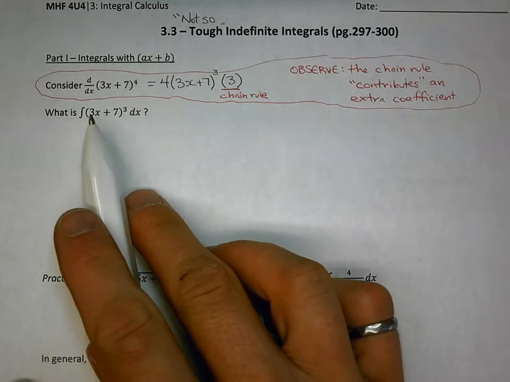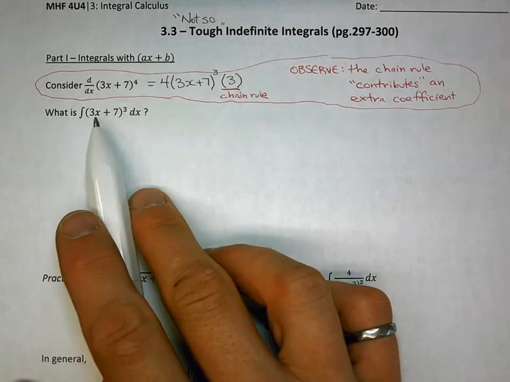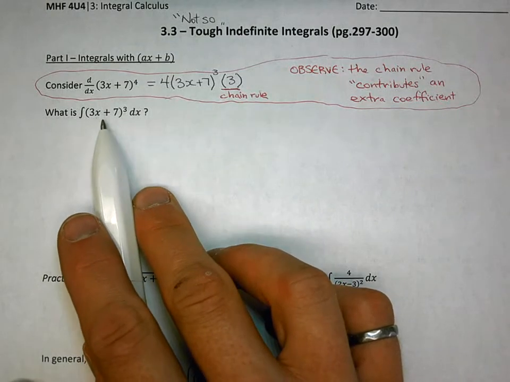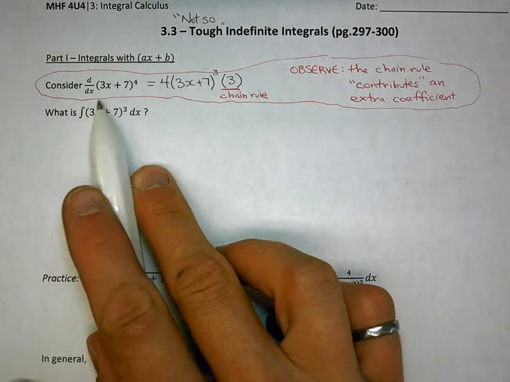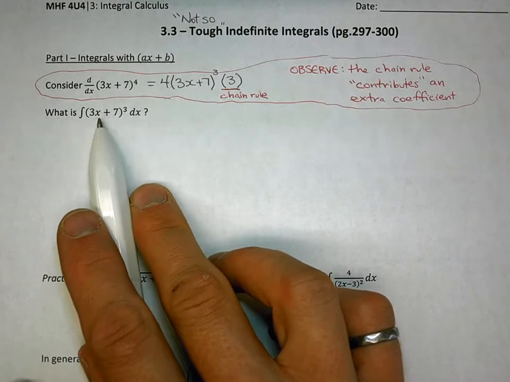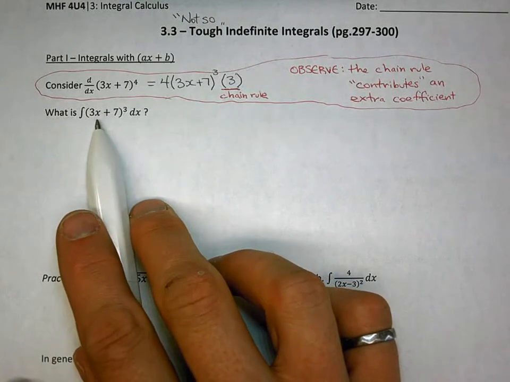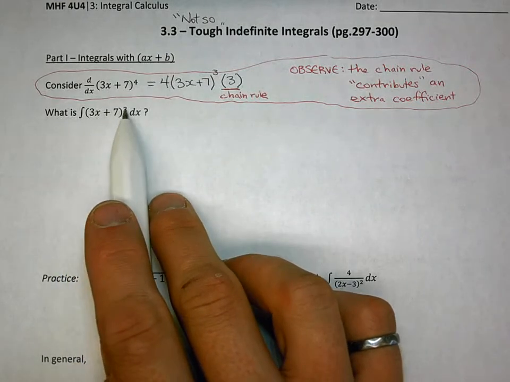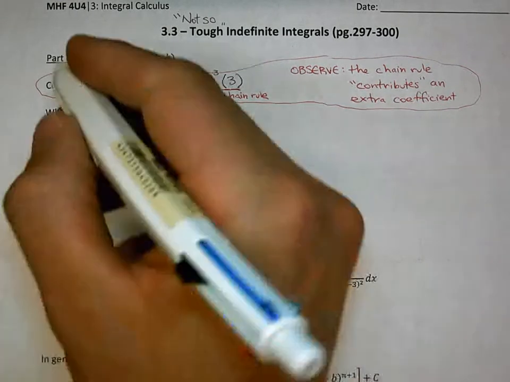So for example, what is the integral of 3x plus 7 to the power of 3? So this is essentially a chain rule question, right? And chain rule is tough. But basically, we want to find the integral of something to the power of 3. So let's think about this.